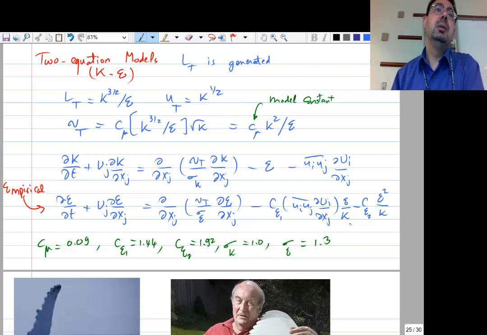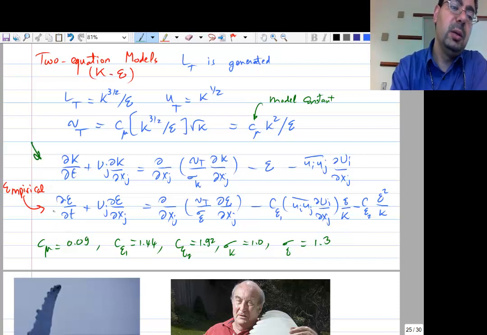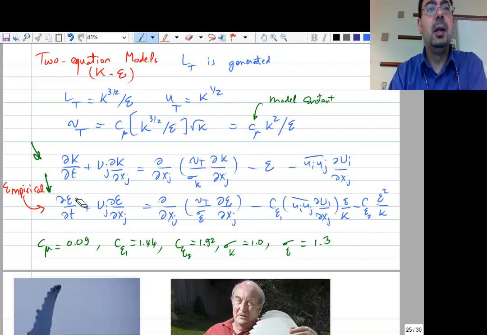And so here is the K epsilon model. This is when you have an equation for K and an equation for epsilon. All right? So again, unsteady term for K and epsilon, convective term, diffusion term, dissipation term, and a source term. Just like the pressure gradient used to generate velocity, here the mean flow is generating fluctuation.